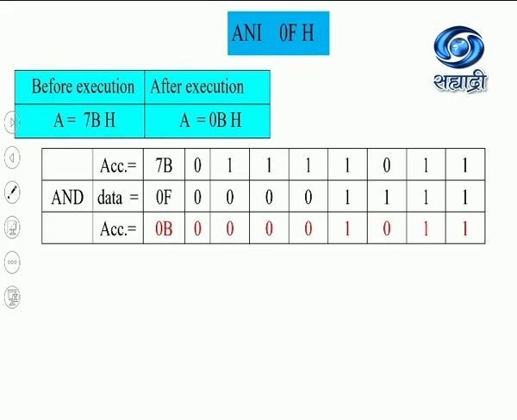Now logical AND operation. As you have studied AND gate in 11th standard, the logic equation of AND gate is Y equals A dot B, where A and B are the two inputs.